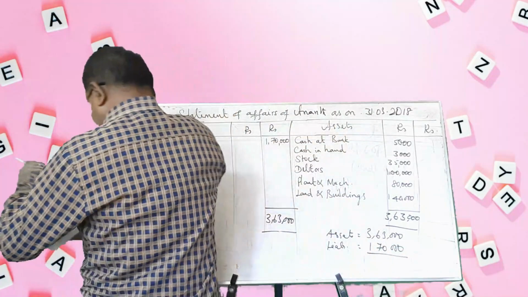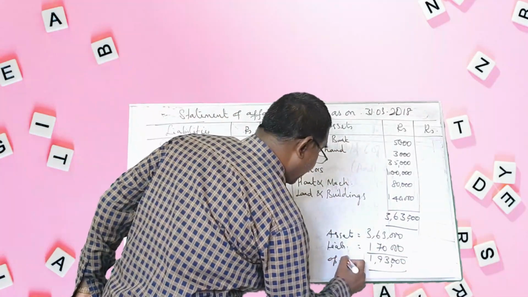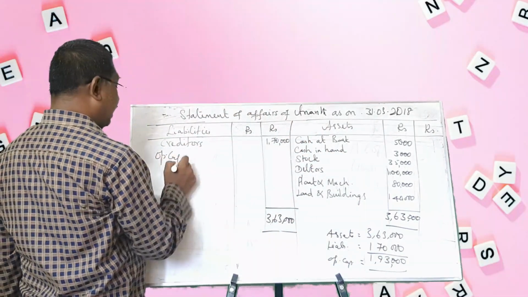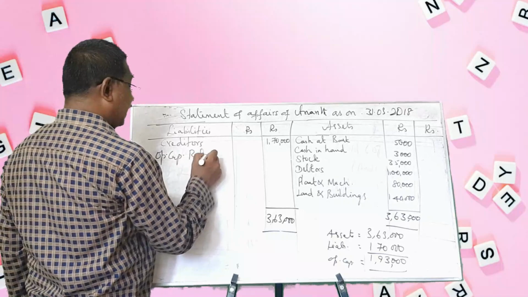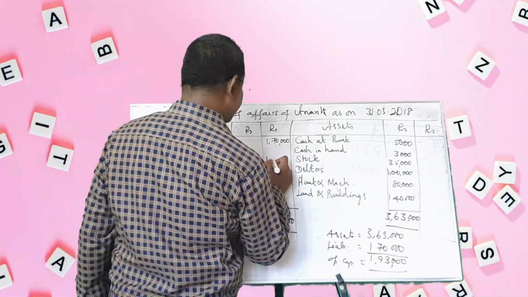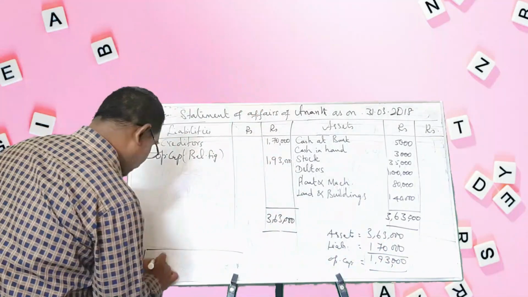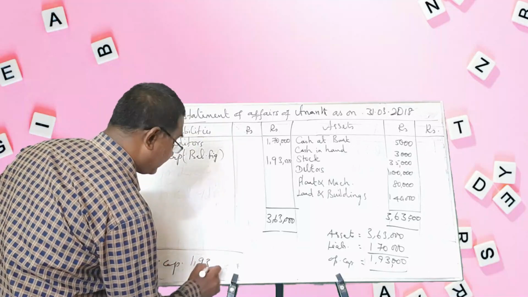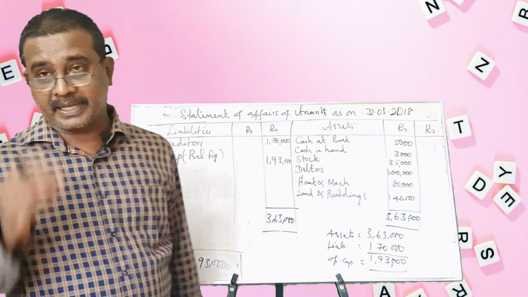We find the difference, and this is the opening capital, the balancing figure. We write opening capital, balancing figure, 1,93,000. Keep this in mind. Opening capital 1,93,000.